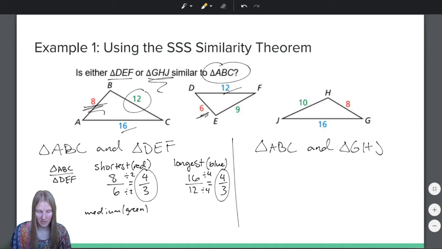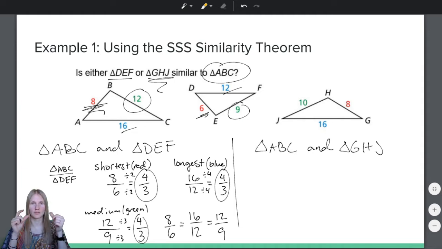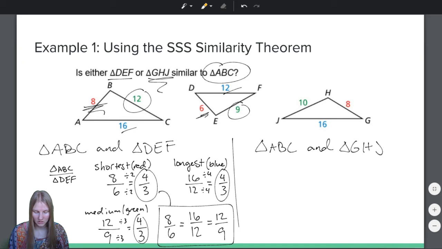So on top we have triangle ABC, 12 over 9, and if I divide by 3 on the top and bottom, I get 4/3. So I know the ratio of the shortest sides is equal to the ratio of the longest sides, which is equal to the ratio of the medium sides, right? They're all equal to 4/3.